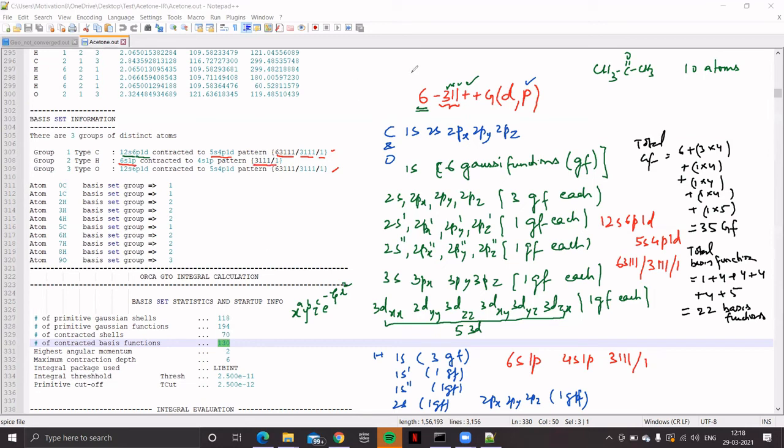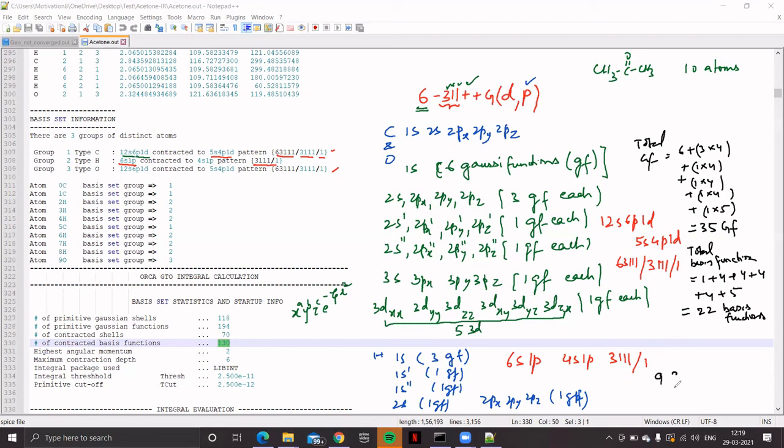Now let's count the total number of Gaussian functions and total number of basis functions for each hydrogen atom. So the total will be 3 for this 1s, 1 for this 1s dash, 1 for this 1s double dash, and 1 for this 2s. So 3 plus 1 plus 1 plus 1, total 6, and 1 for each p, total 9 Gaussian functions.